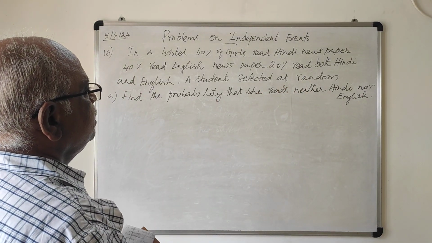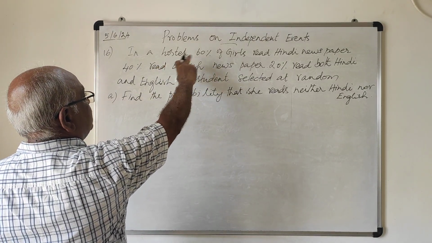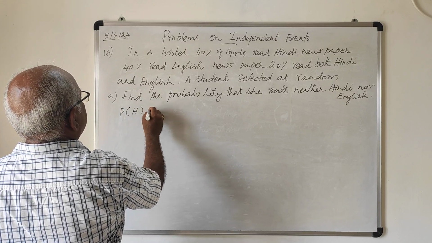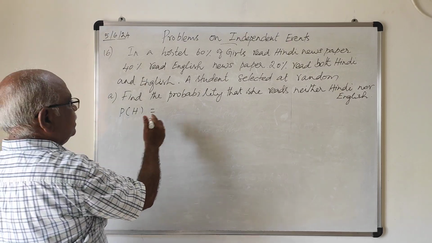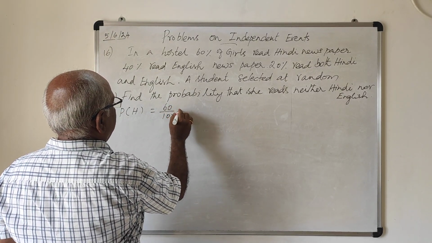Yes, the hostel consists of students, where 60% of girls read Hindi. That is, the probability of Hindi-reading girls, P of H, where H means Hindi, is 60 by 100.